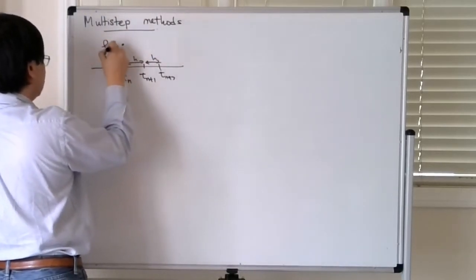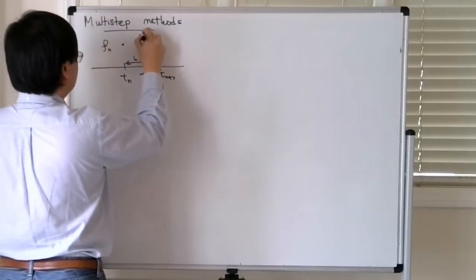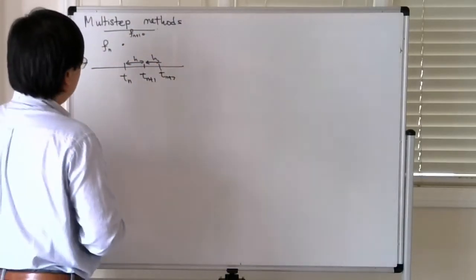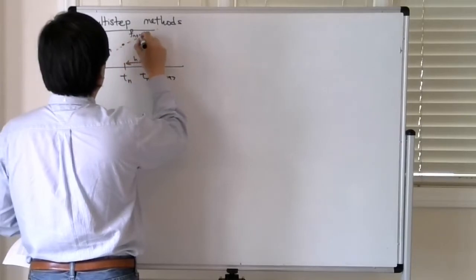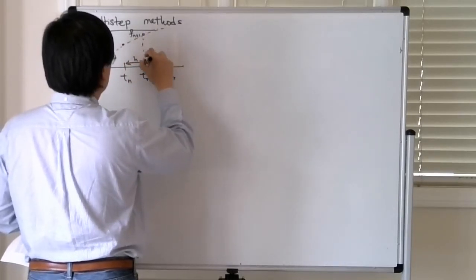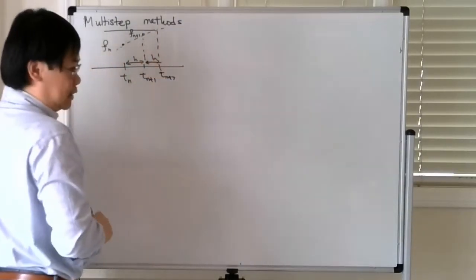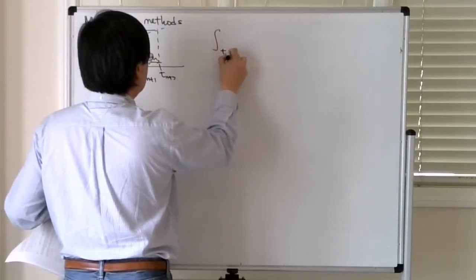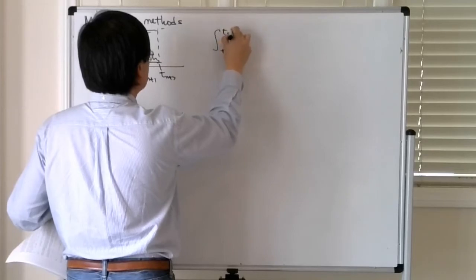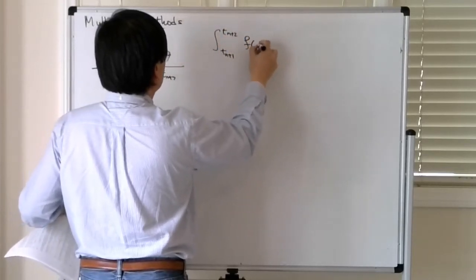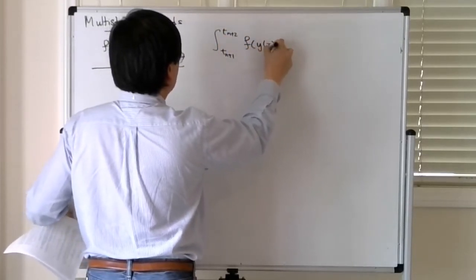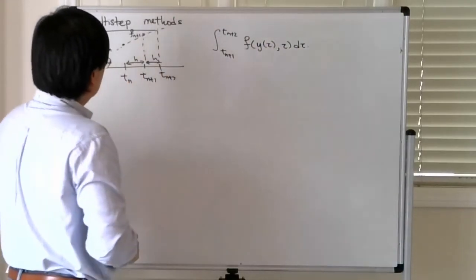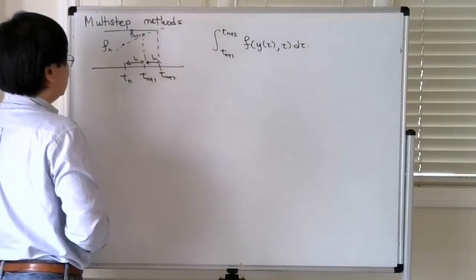You know f at n, you know f at n plus 1, and you want to approximate the integral from tn plus 1 to tn plus 2 of f of y tau, tau d tau.